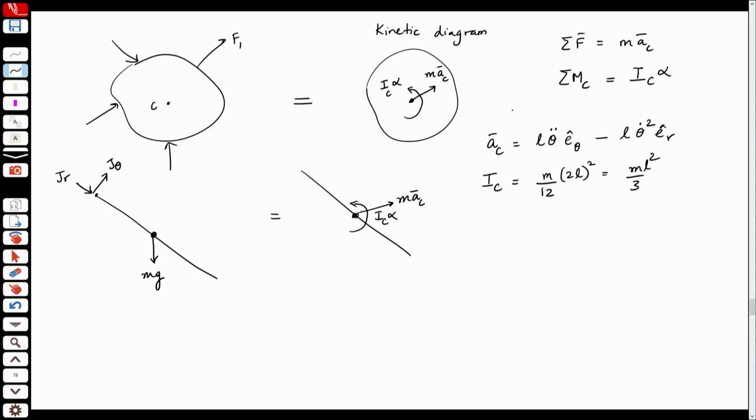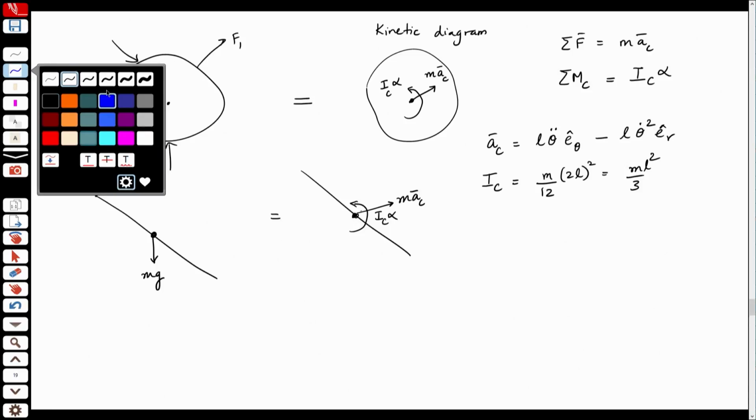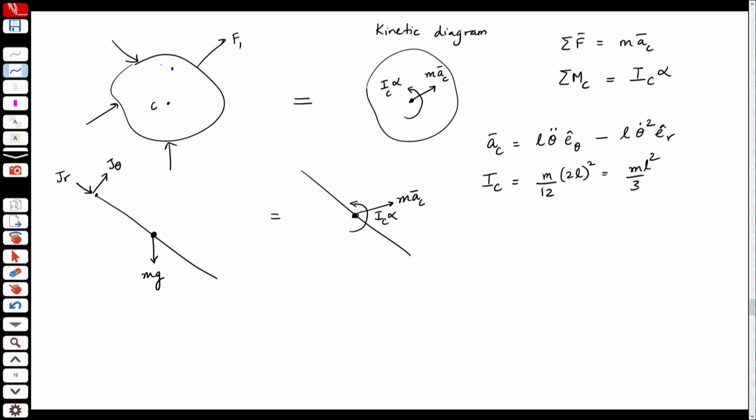Now, when you have the kinetic diagram, the reason it is helpful to draw it is that these equations are applicable to the center of mass. Now, if I want to take moments about some other point A, then I have to make sure that the moments about A equal the moments about A in the kinetic diagram.